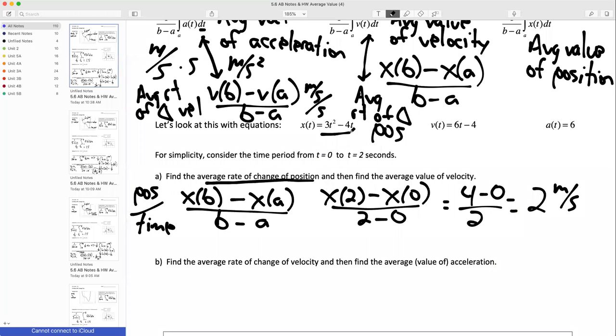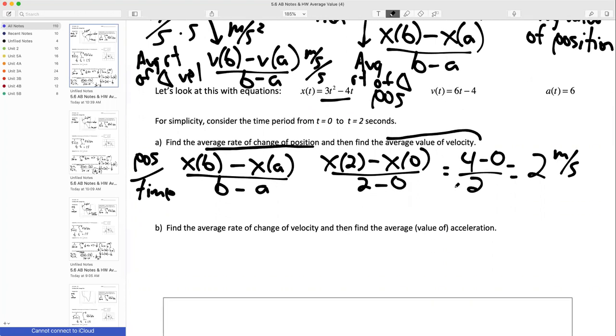Okay, well, I said previously that the average rate of change of position is the same thing as the average value of the velocity. So now let's find the average value of velocity. Okay, so that's going to be 1 over b minus a times the integral.